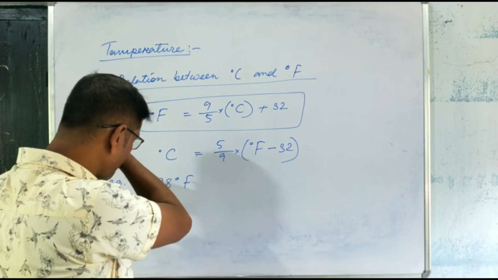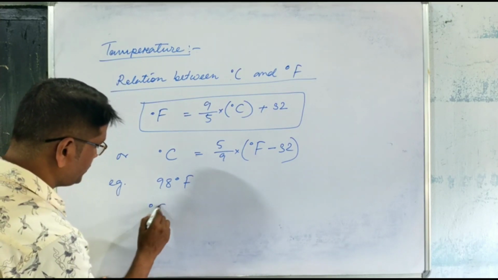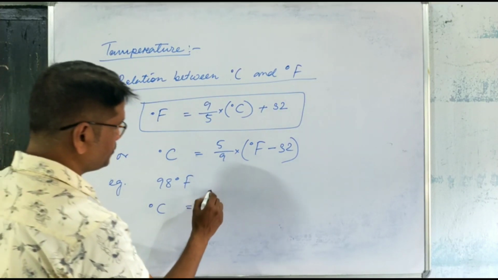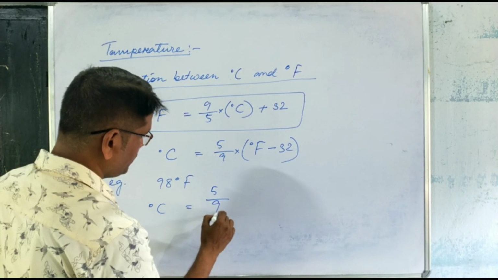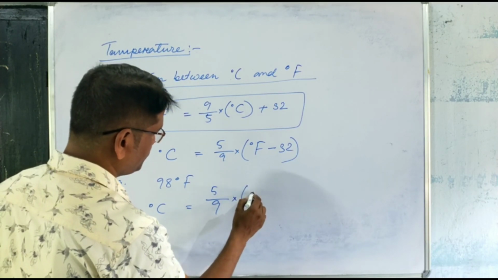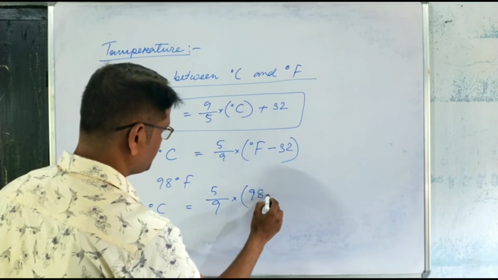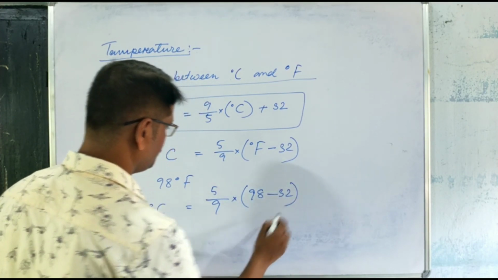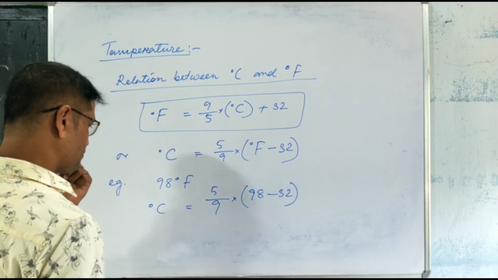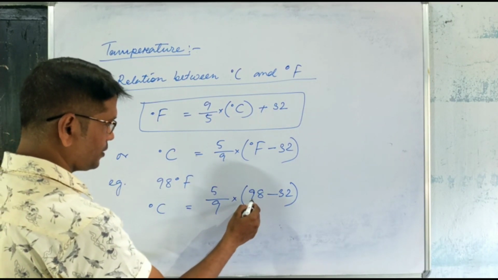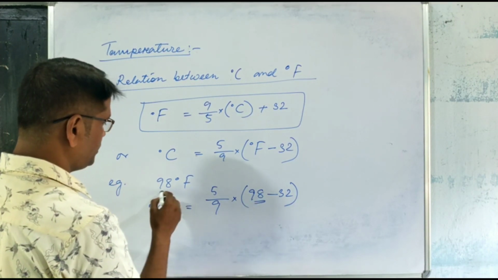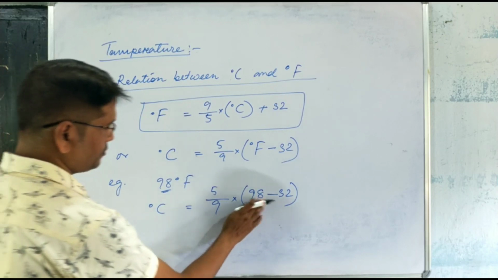So you know, degree Celsius is equal to 5 by 9 into degree Fahrenheit, that means 98 minus 32. Okay. So here 98 is the Fahrenheit value of temperature.